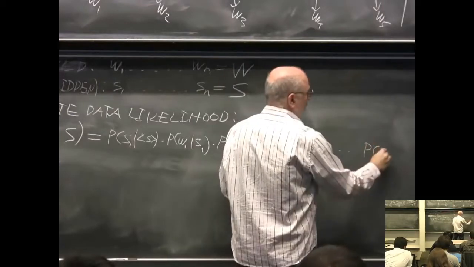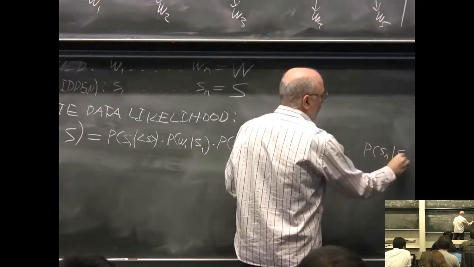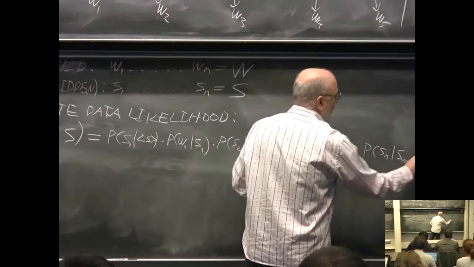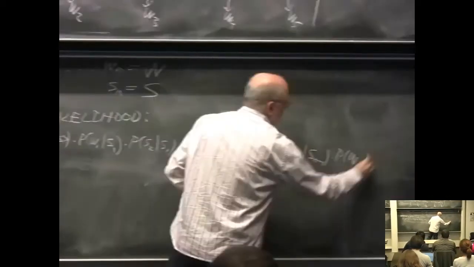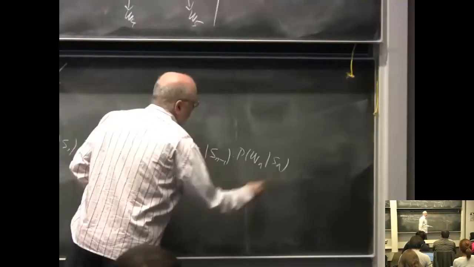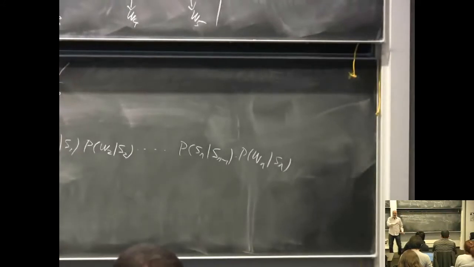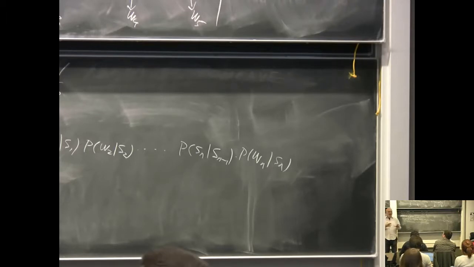Probability of Sn, conditioned on Sn minus 1, times probability of Wn, conditioned on Sn. I created a very long chain of 2n multiplications. 2n factors multiplied together, n of them for accounting for the part of speech sequence, and n of them for accounting for the word sequences that come from them.